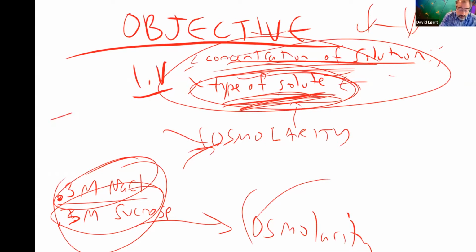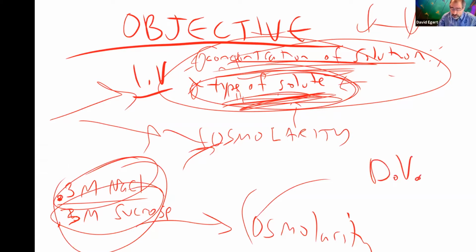So objective, we're going to look at varying types of solutes as well as different concentrations of solutes. And then what is our dependent variable? What's the thing we're going to look at? Hemolysis. Yeah, we're going to look at what happens to the cells. Like Maria was saying, osmosis, which is basically what we are going to be looking at.